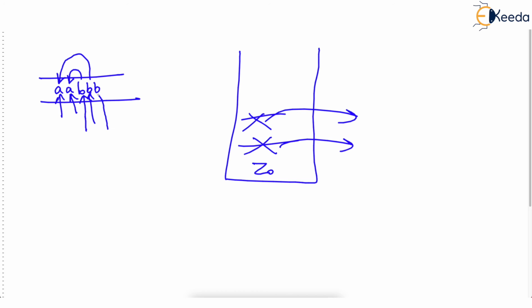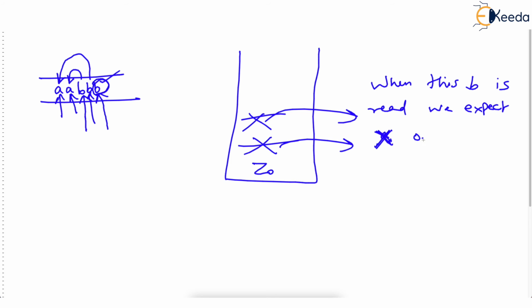Now when you are reading a B, just observe, you don't have epsilon yet, you have one more B in the input. When you get a B, what do you expect on the stack? Now when this B, the current B, is read, then we expect X on top of the stack. Tell me, isn't it true?